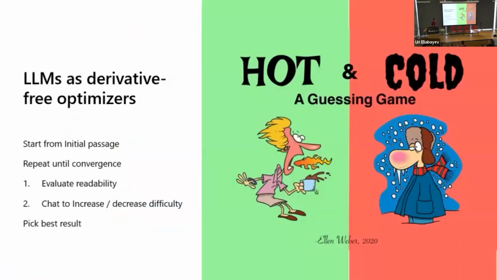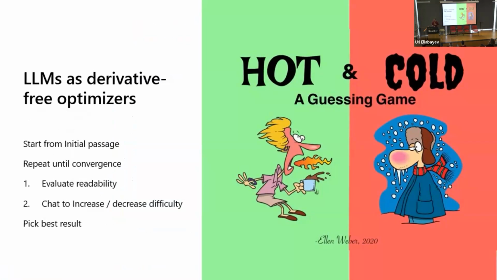The way that we tackle this problem is that we play a game with the model. What we're doing essentially is we want to optimize on the readability score. So we're using the model as a derivative-free optimizer. We start from an initial passage.